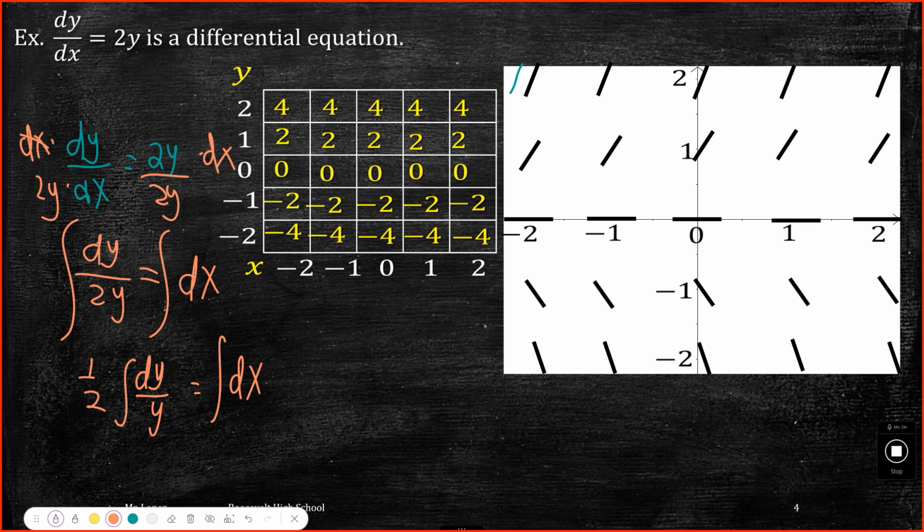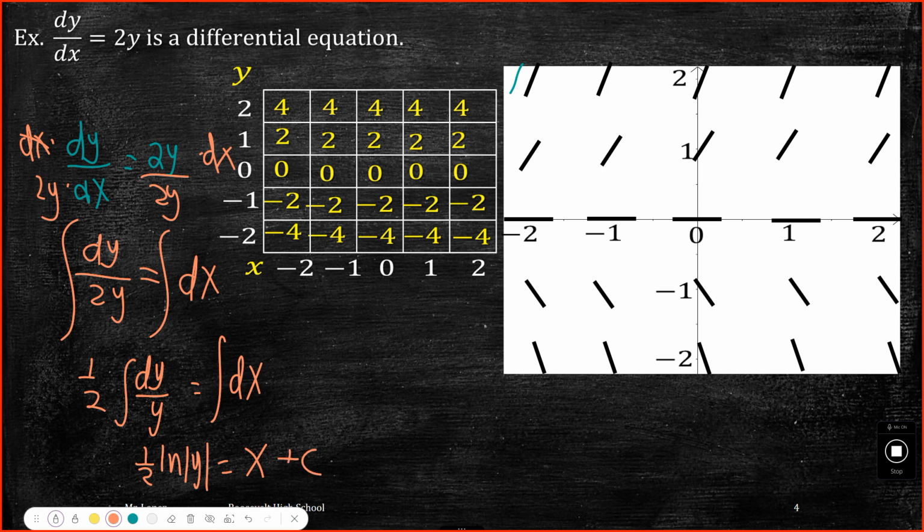And what's the integral of this left? So yeah, it's going to be 1/2 ln absolute value of y equals what? x plus c. Yeah, the integral of dx is x plus c.